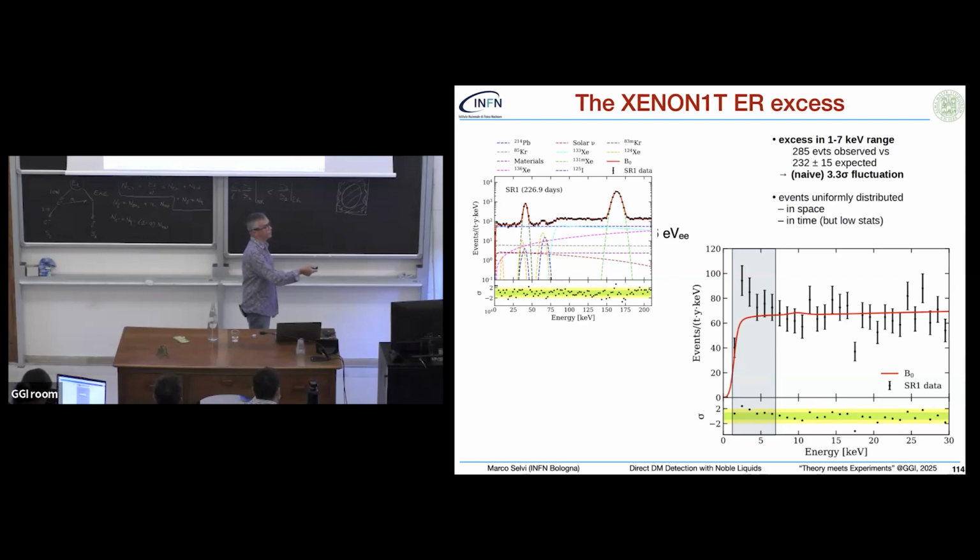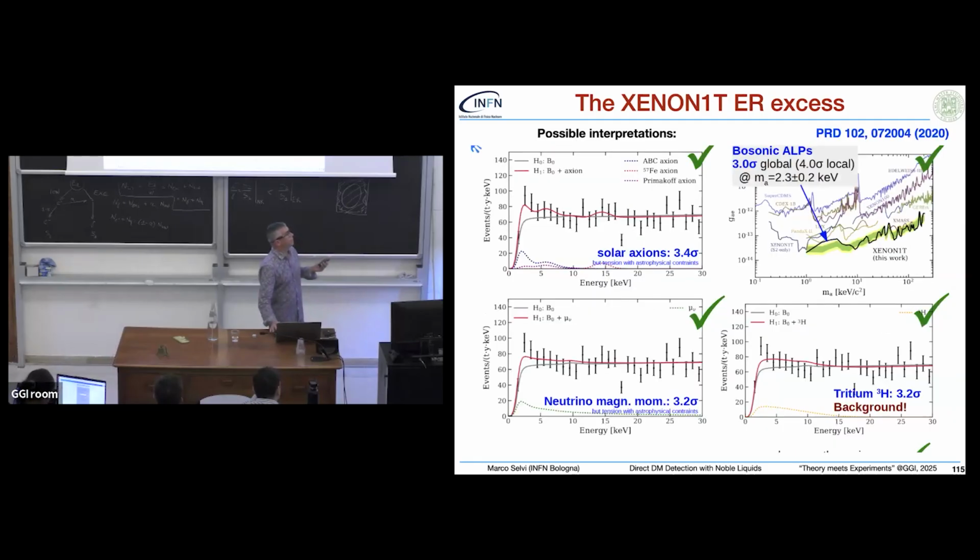That was this low energy bin here between 1 and 7 keV, where we had an unexpected excess. The point is that we checked the background model in various ways, and we couldn't find any clear explanation.